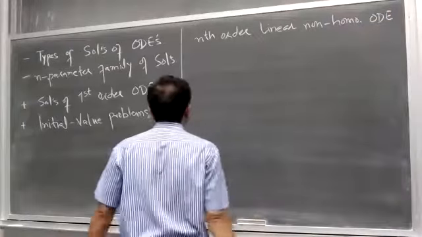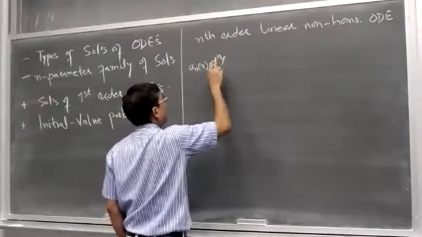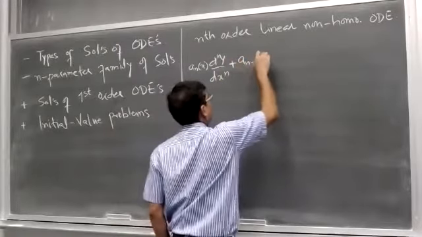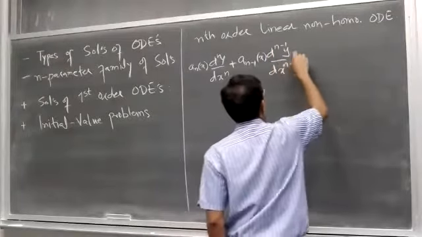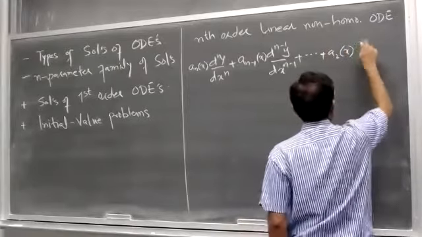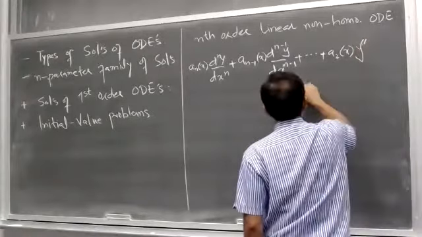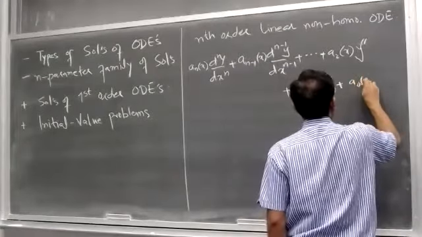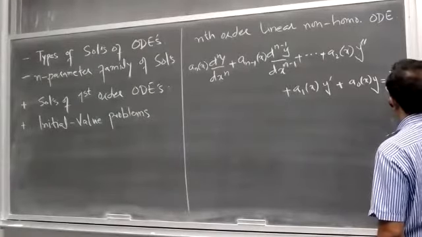Its general form is a_n(x) d^n y/dx^n plus a_{n-1}(x) d^{n-1} y/dx^{n-1} plus and so on plus a_2(x) d^2 y/dx^2 or y double dash, plus a_1(x) dy/dx or y dash, and a_0(x) times y is equal to some function f(x).